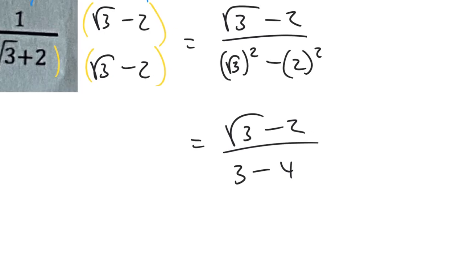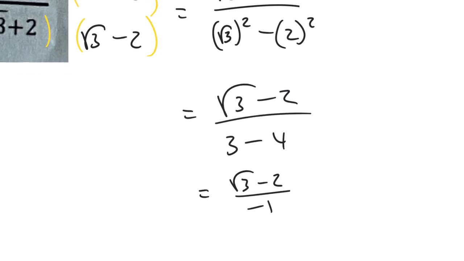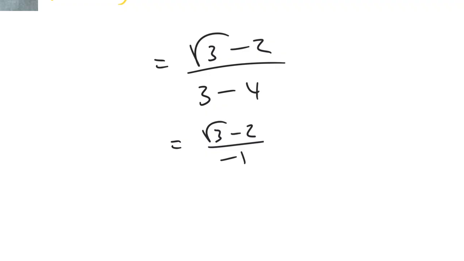And then hopefully my student watching recognizes that that is very simply this. And you could leave it like that. The teacher might be cool with that. It is the case that anytime you take a number and divide it by negative 1, it just changes the sign. So this could be rewritten as that. Okay, because the negative 2 becomes a positive 2, and the positive radical 3 becomes a negative radical 3.